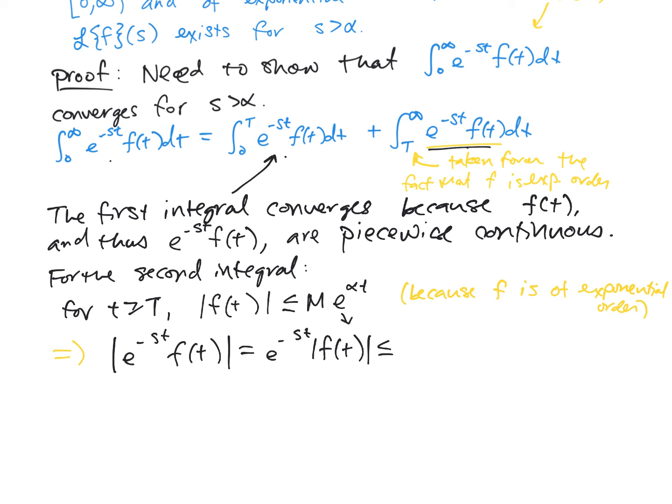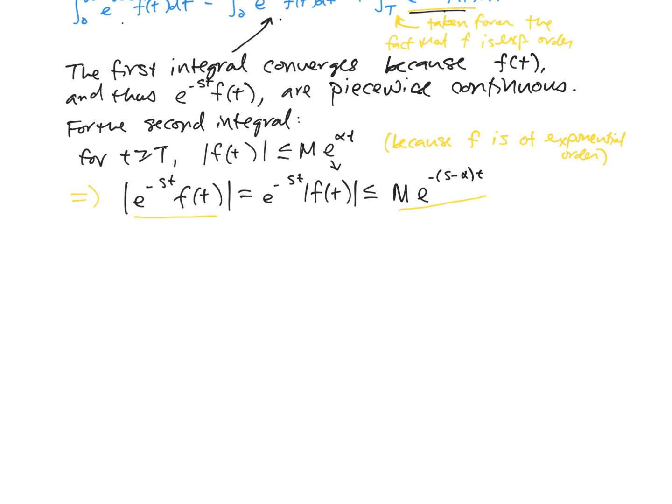And this inequality gives m e to the negative s minus alpha t, right? So if we can show that the integral of this thing from 0 to infinity converges, then the integral of this will also converge. So the crucial thing is that we need to take s bigger than alpha so that this exponent up here will be negative.